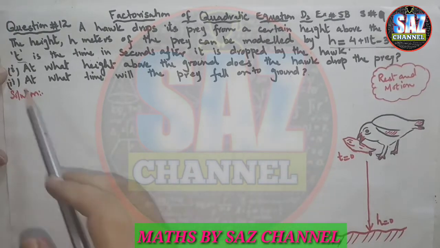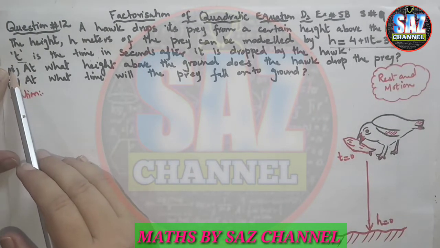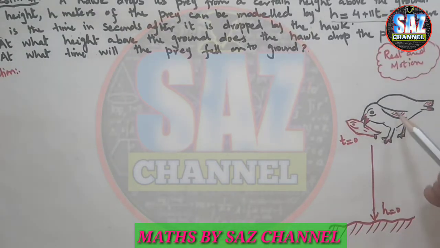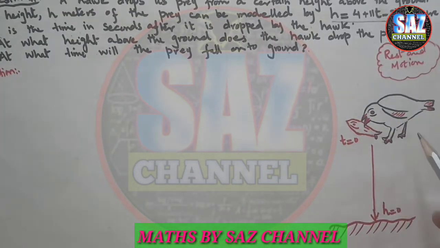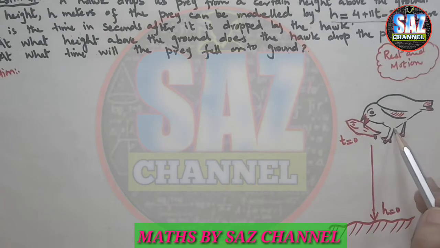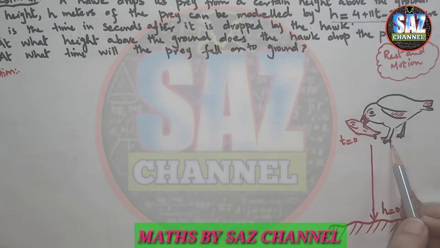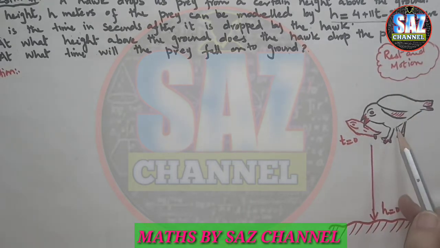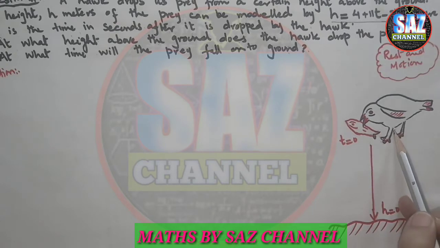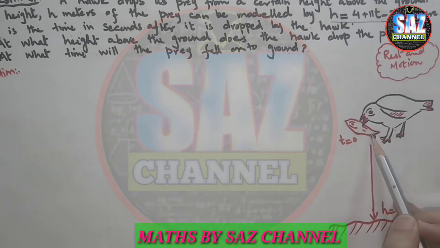In order to understand this question, you can get the idea from this picture that the hawk will be flying in the air and the prey will be in its beak or in its claws. Here an important law of physics, that is rest and motion, is applied. The hawk will be in the motion condition and the prey will be in the rest condition.